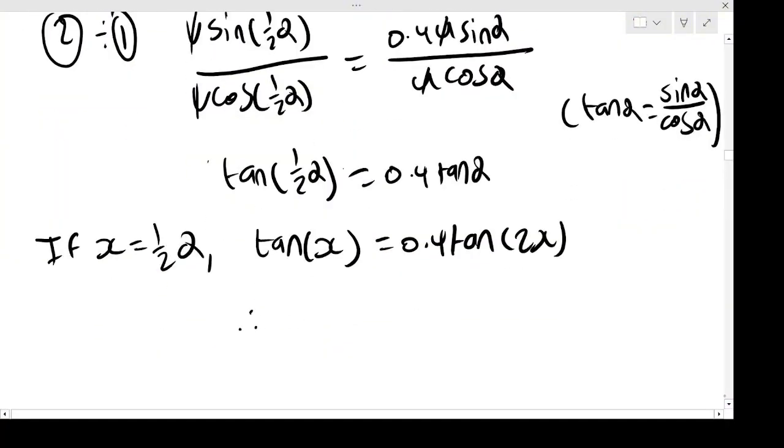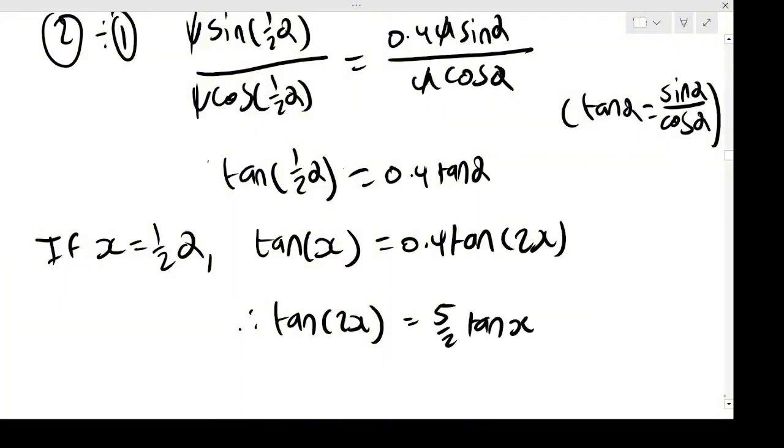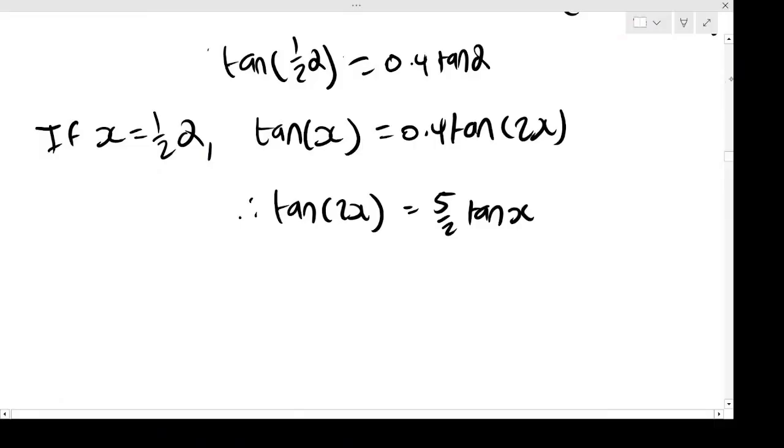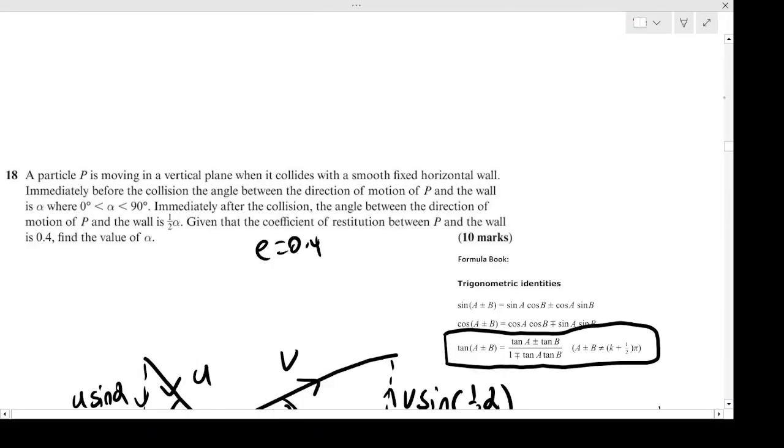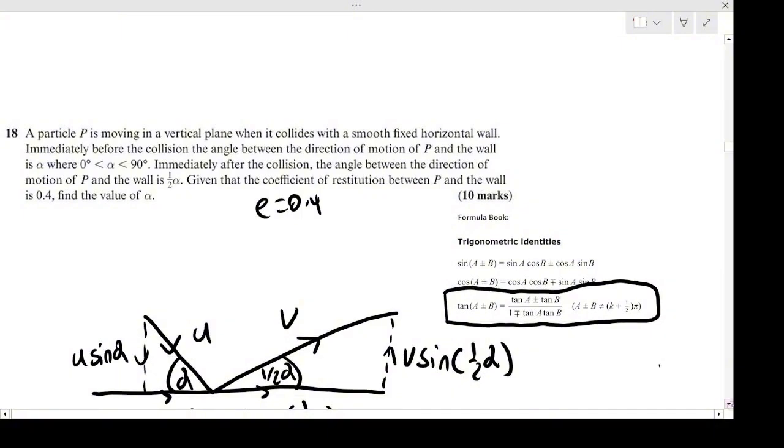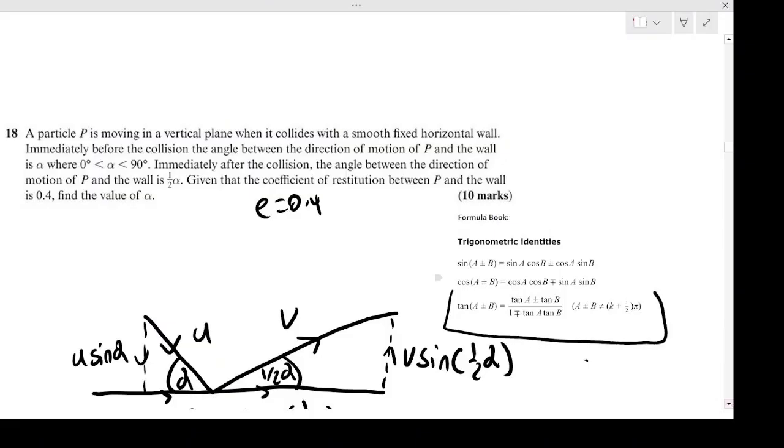Now I'm going to divide by the 0.4. So if I divide both sides by 0.4, that gets me tan 2x equals 5 over 2 tan x. Now if I simplify this with the double angle formula, you don't really work with the double angle formula for tan in normal maths, but we are given the addition formula in the formula book.